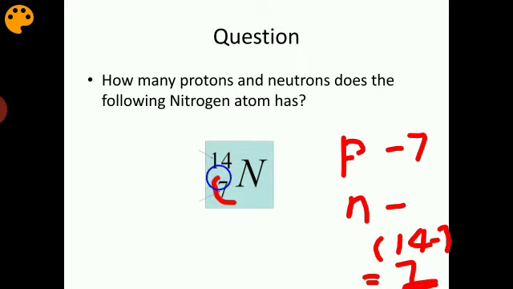We know 7 protons are there and the number of protons plus neutrons is 14. So to find the number of neutrons, we should subtract the number of protons from the total sum, right? So 14 minus 7 should be the number of neutrons. 7 is the final answer.